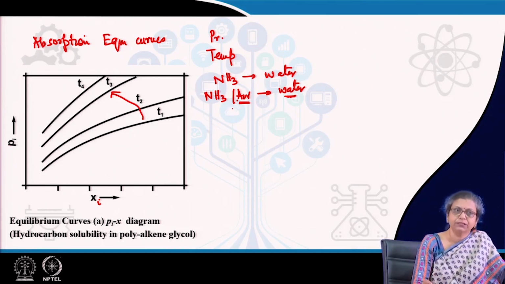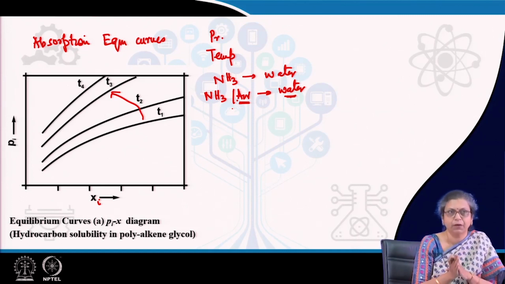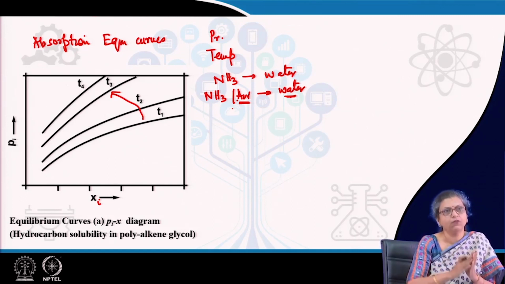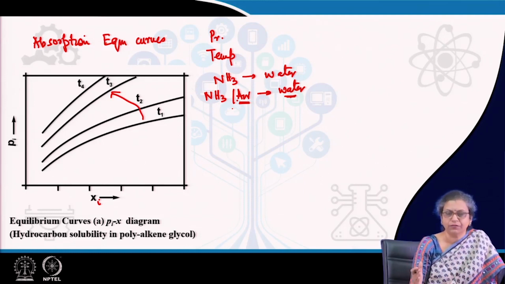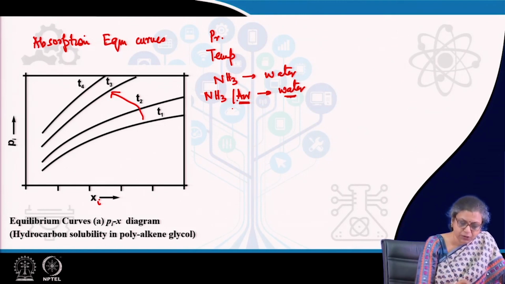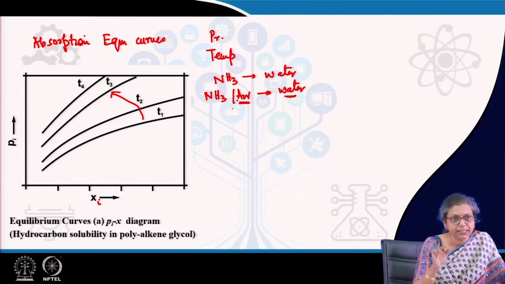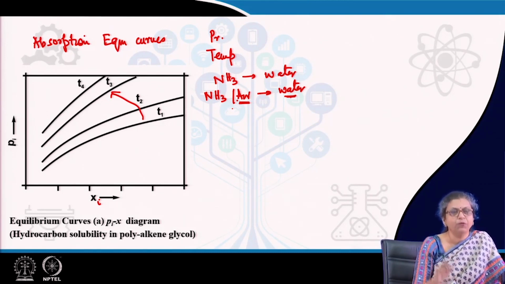Also, suppose there is a mixture of a number of gases, a number of which are soluble in the solvent. Under that condition we can use the equilibrium curve for each particular solute, provided all of them form ideal solution with the solvent.